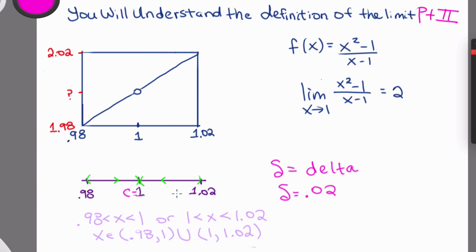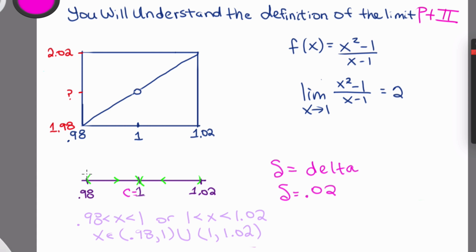That way we can talk about this small interval in terms of delta, a small distance away from our input of interest, c equals 1. Well, 0.98 would be 0.02 units to the left of 1. In other words, we could subtract 0.02 from 1 in order to get 0.98.